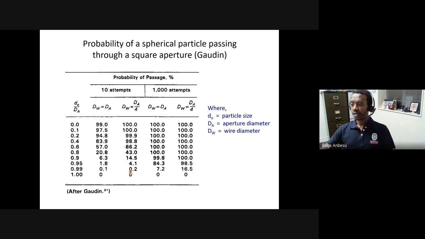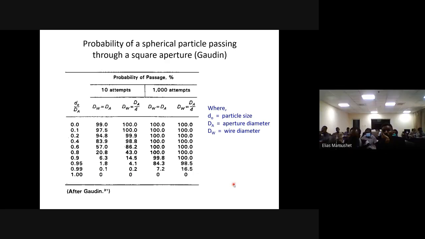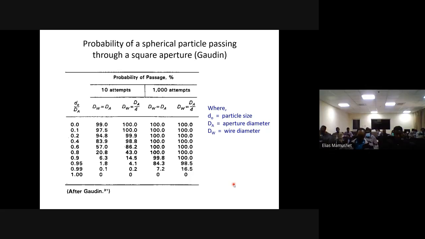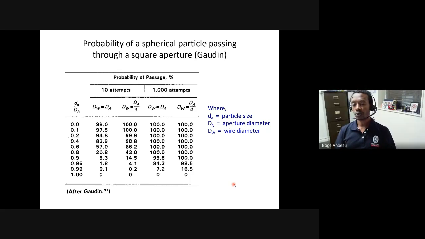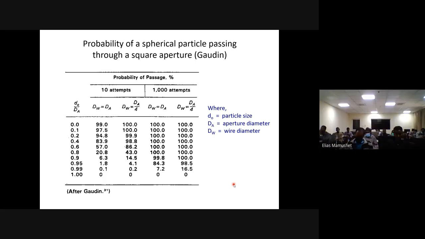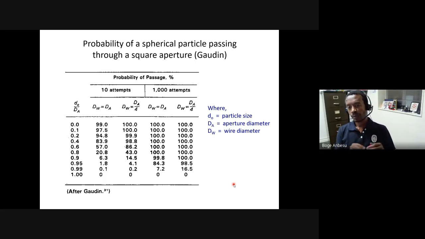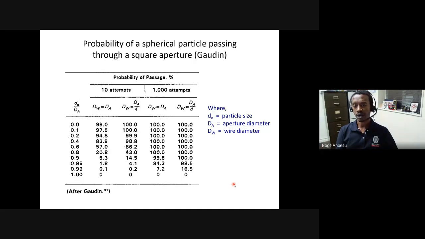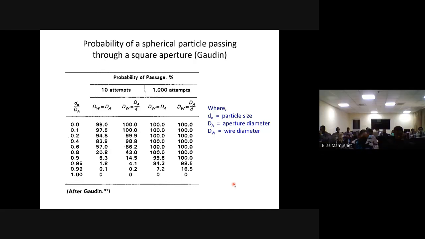So what we're saying here is screening performance is significantly affected by how close the size of the particle is compared to that of the aperture size. So then in a real operation, what do we need to do? You need to do proper particle size distribution analysis of the feed. You need to determine the particle size distribution and know where most of the particles are aggregated, so you can work out the size.